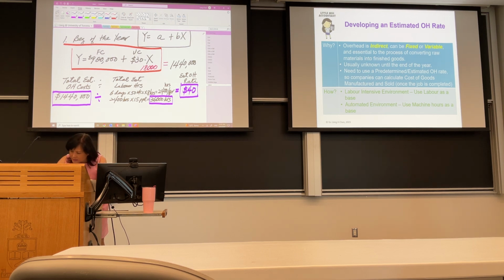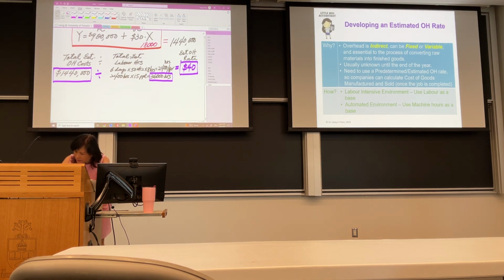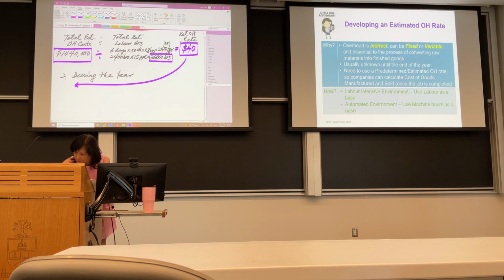So the second step is during the year. You take the estimated overhead rate, which is $40 an hour, times the actual hours worked.